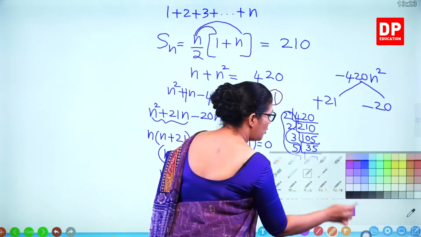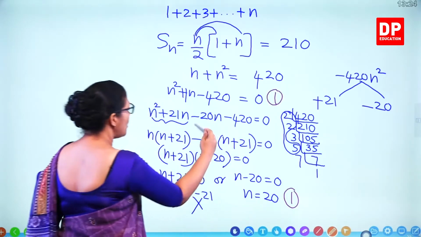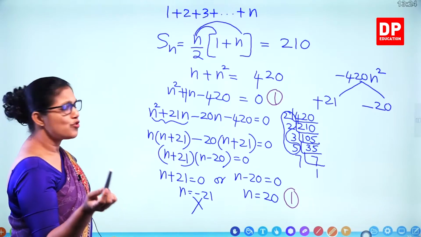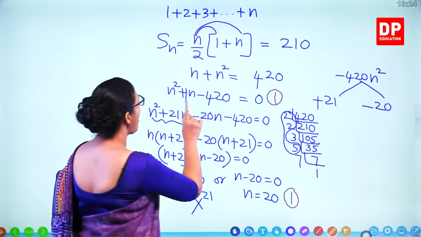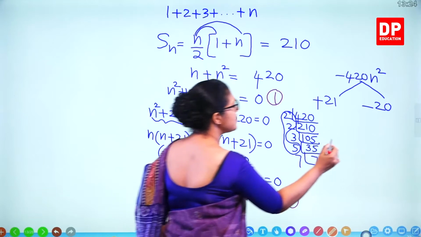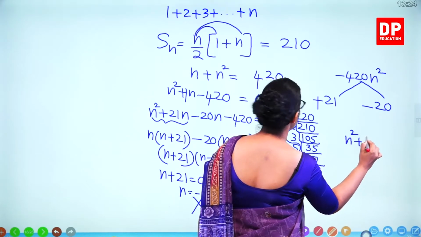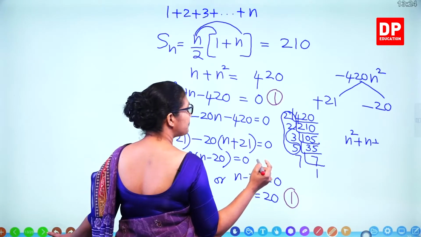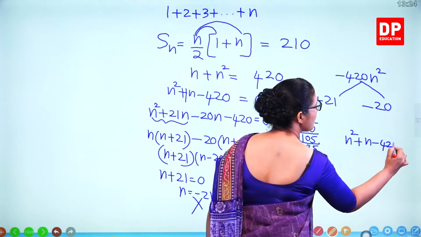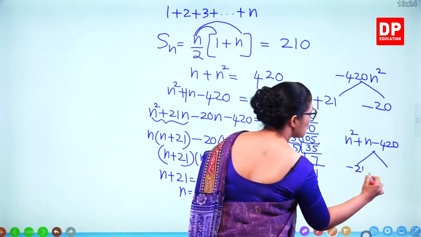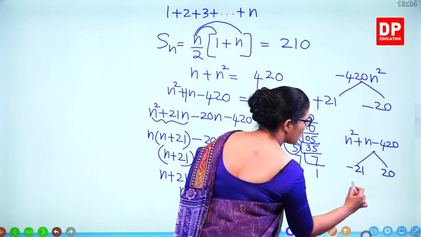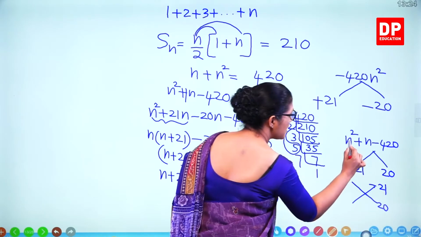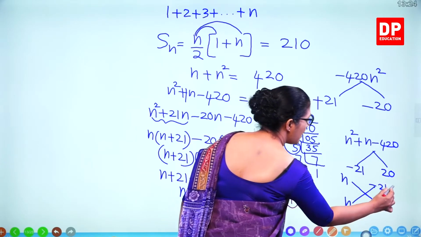Now you don't need to show all the workings in paper 1 part A because you get only 2 marks. So how do you write down the factors at once here? n squared plus 1n minus 420 there. So after you get minus 21 and plus 20, you can straight away write down the factors, minus 21 and 20. n squared is n and n.